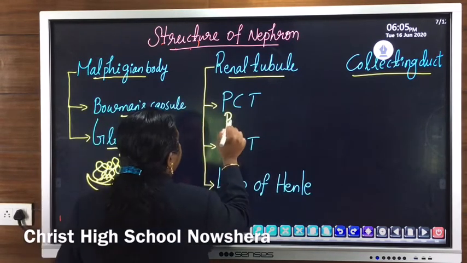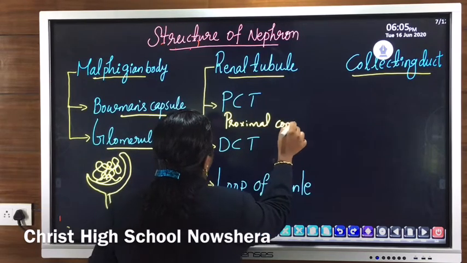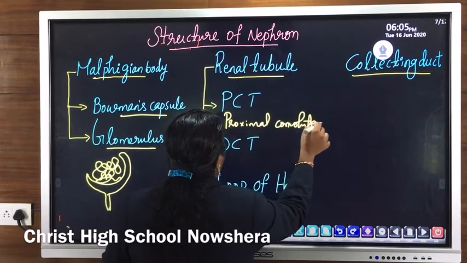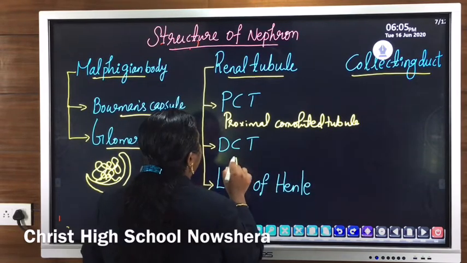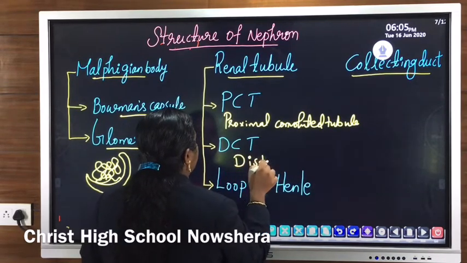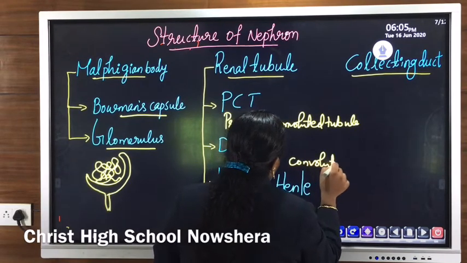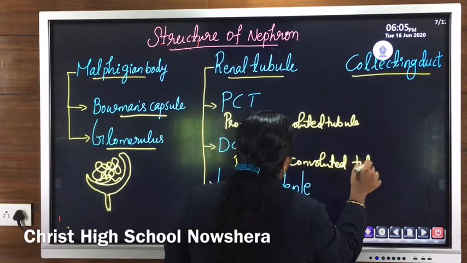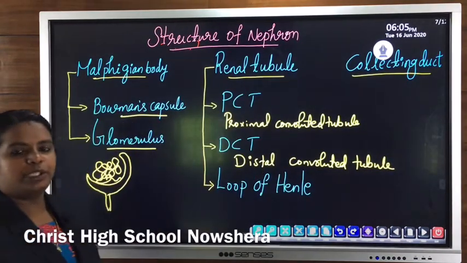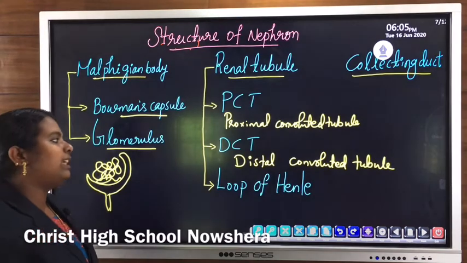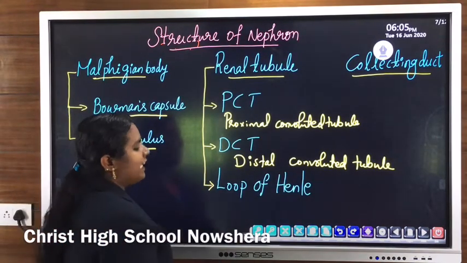PCT means proximal convoluted tubule, and DCT means distal convoluted tubule, and then the loop of Henle.